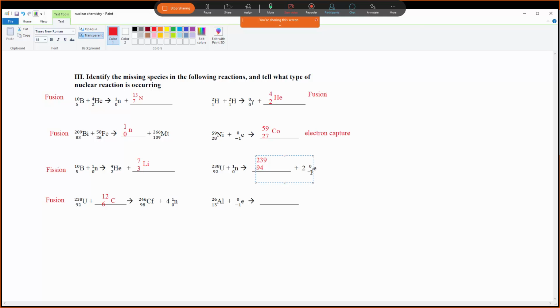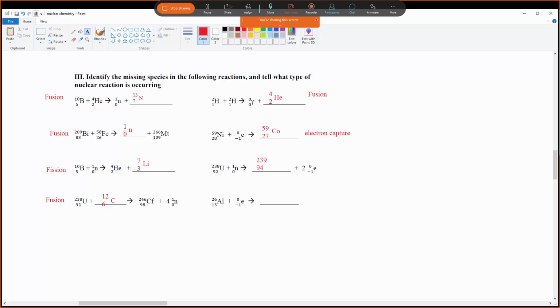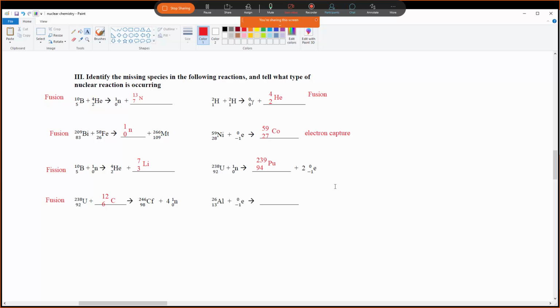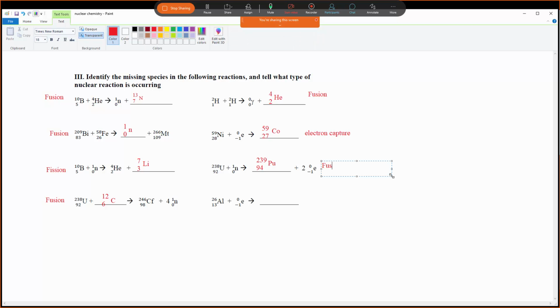So 2 times a negative 1 is negative 2. So 94 minus 2 gives me my 92. And then the 94 on the bottom means I'm going to be element plutonium here.